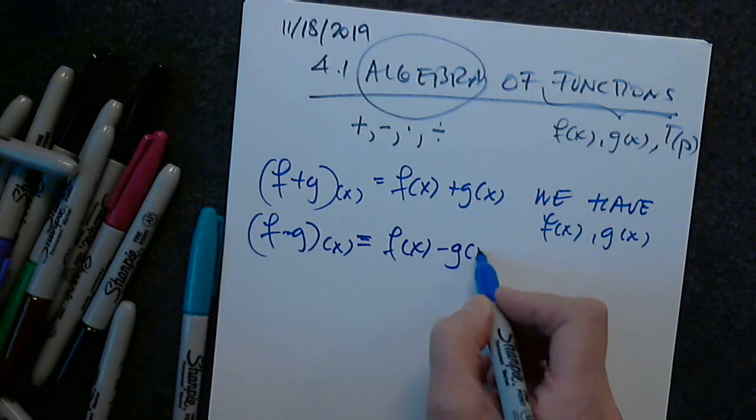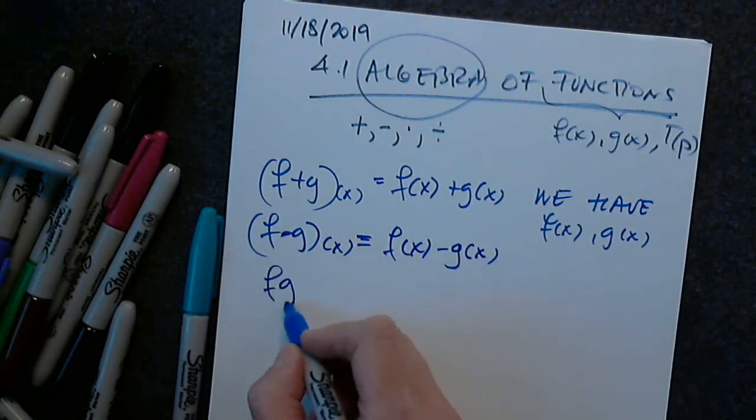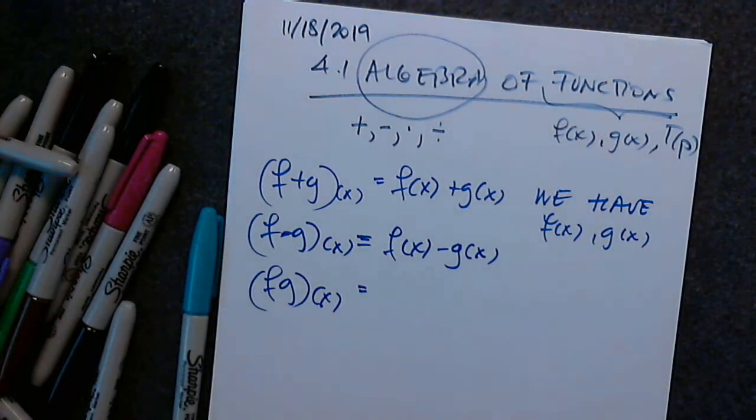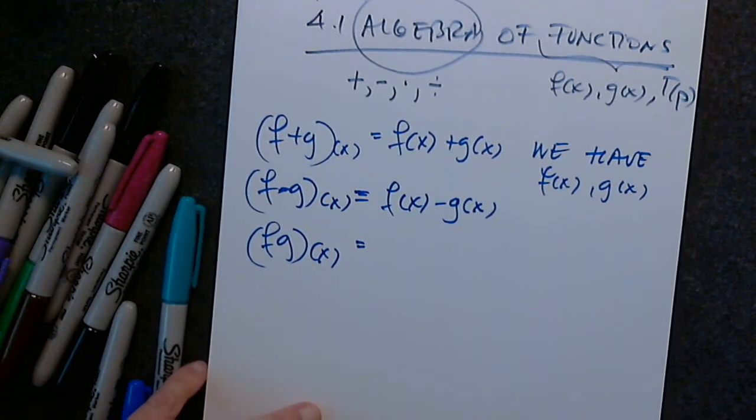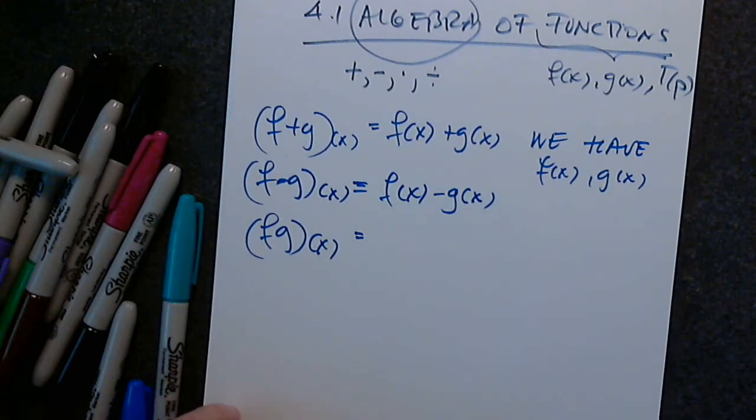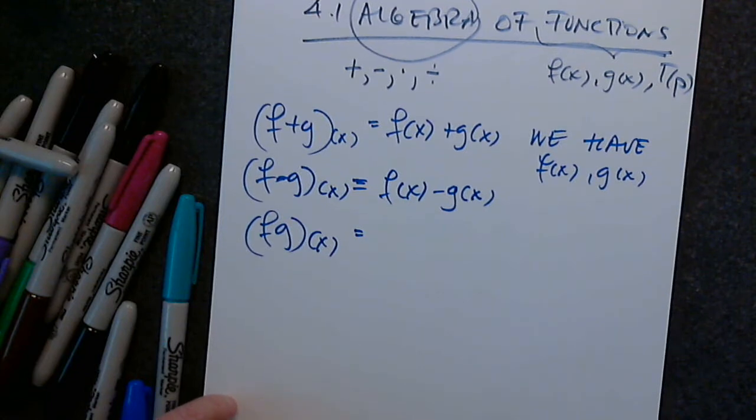There is nothing else. What if I ask you to find, and listen to the name of the function, fg of x? What am I asking you to determine? What do you think?